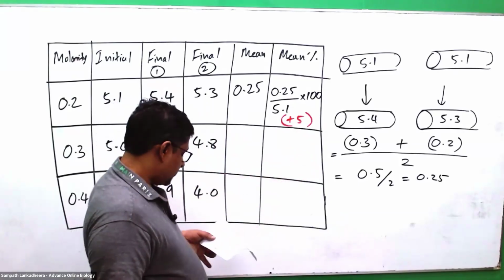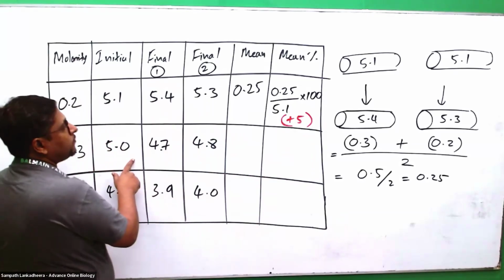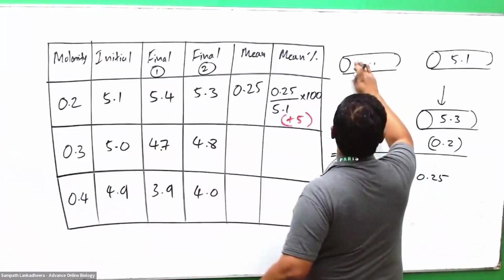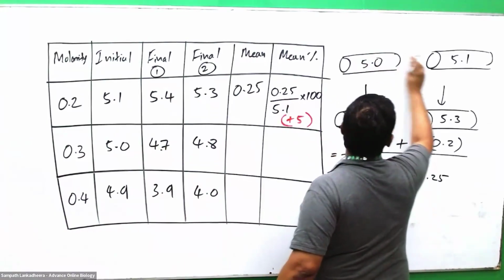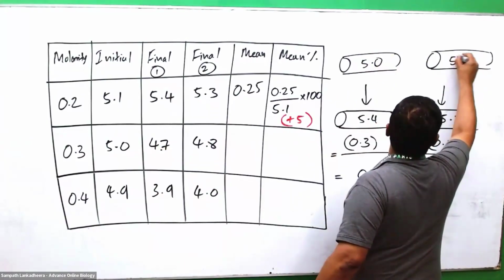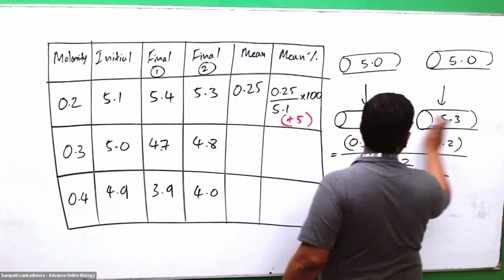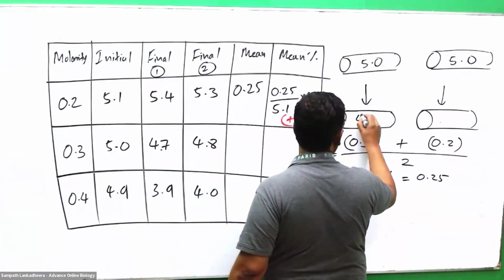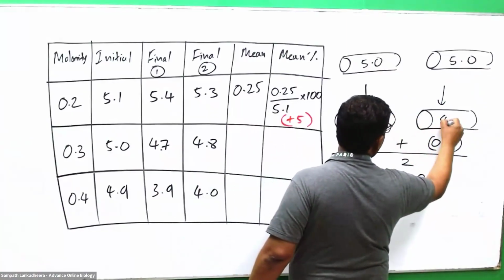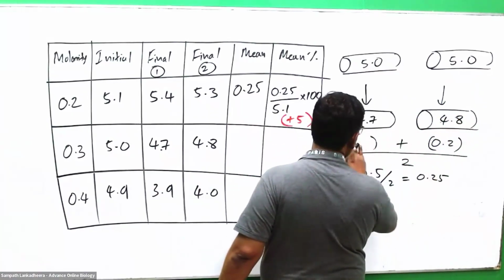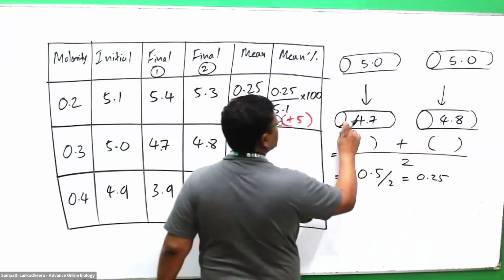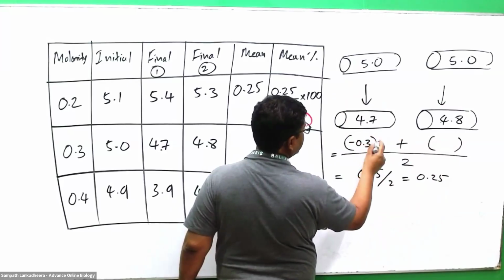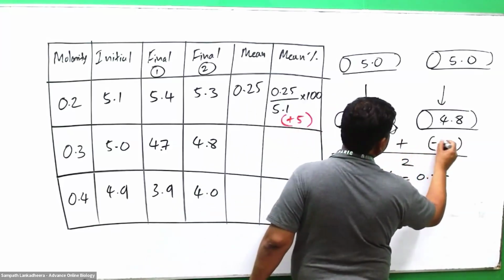Calculate and see, okay? For the second one, it's the same calculation. The initial value is 5.0 for both. What are the final values? 4.7 and 4.8.